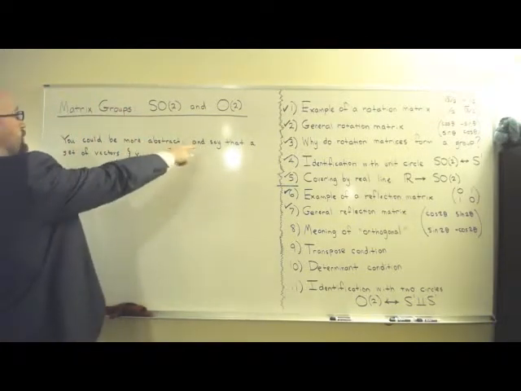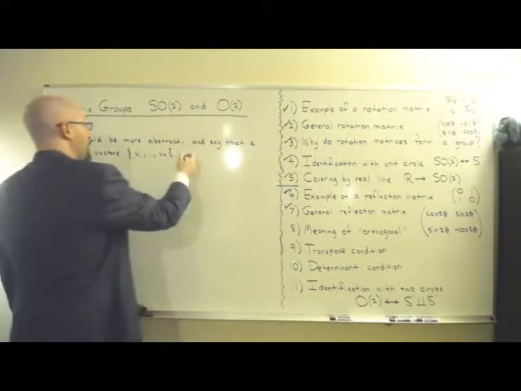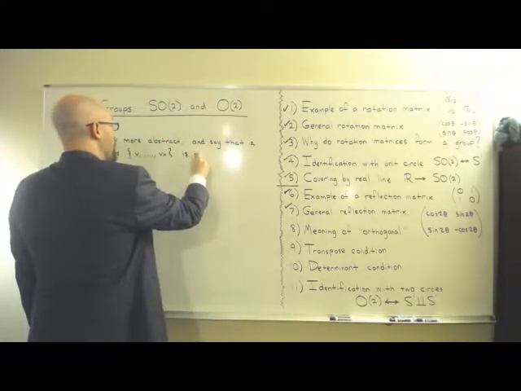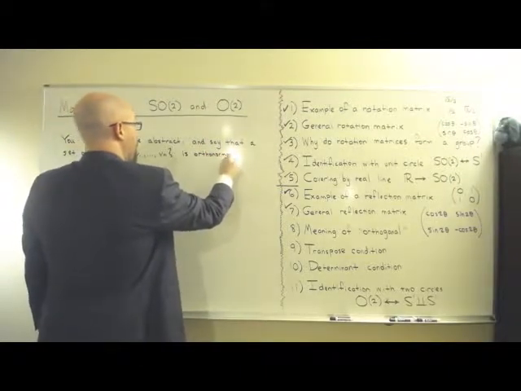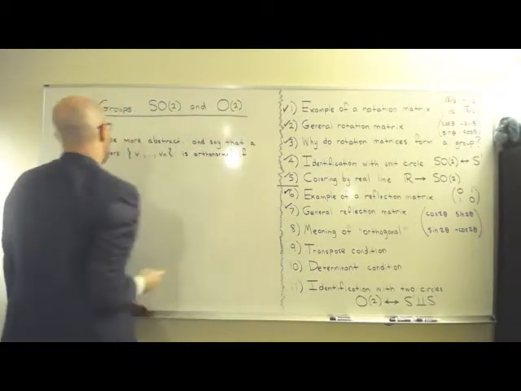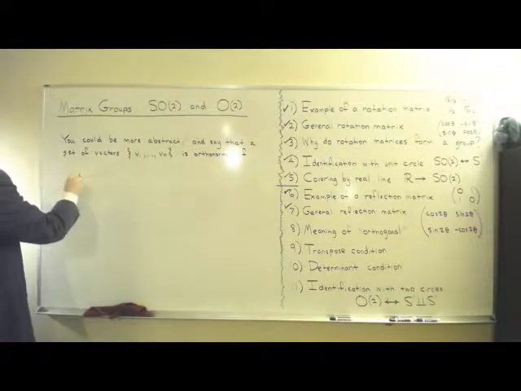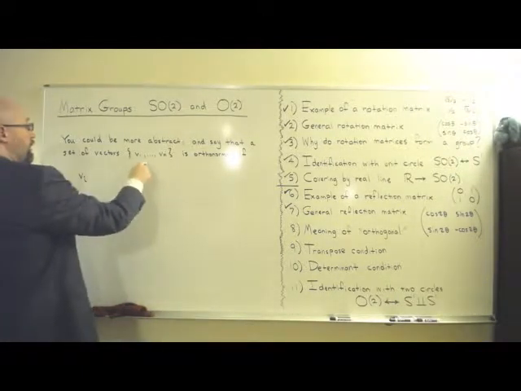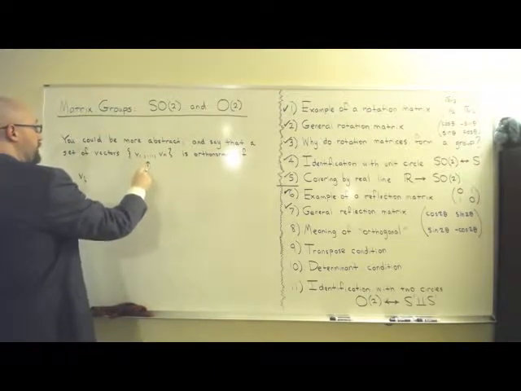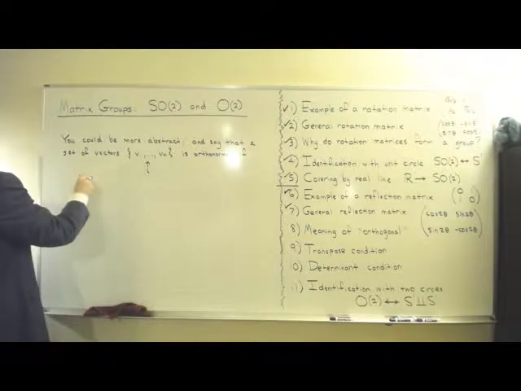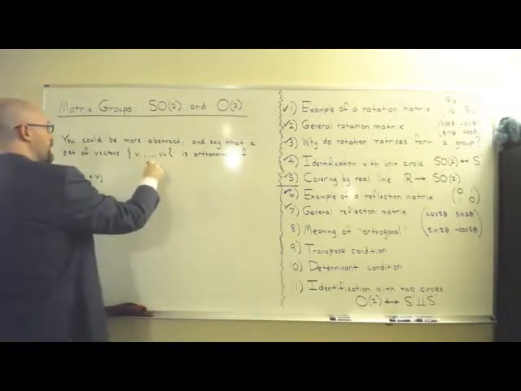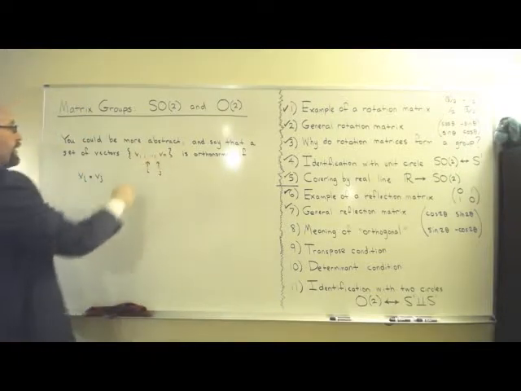But you could be more abstract and say that a set of these vectors is orthonormal if I take any two of these. So if I take the one labeled i, somewhere between 1 and n, and then I take the dot product of that with the one labeled j, somewhere else between 1 and n.